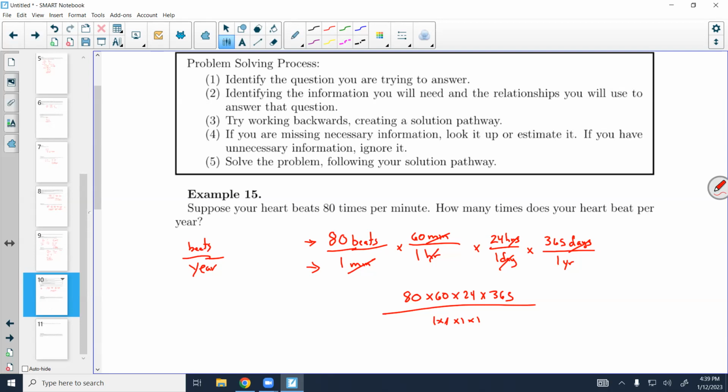So we have 80 times 60 times 24 times 365. And we get a whole lot. Equals 42,048,000. 42 million, $42,048,000 beats per year.